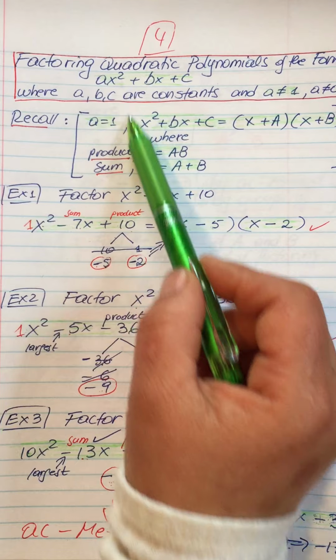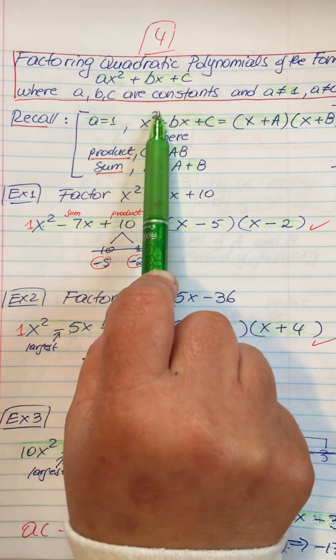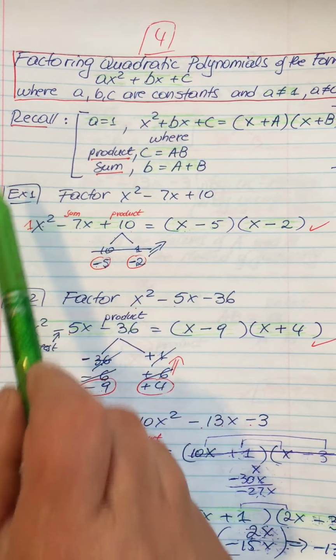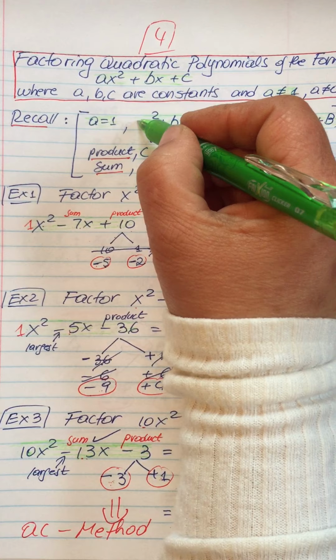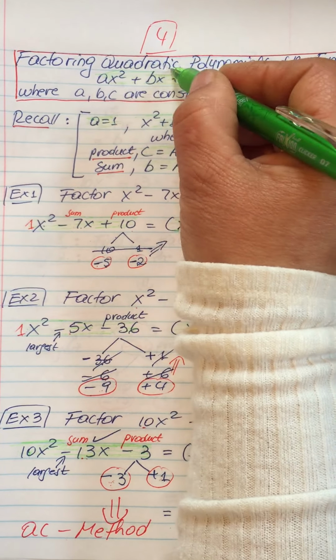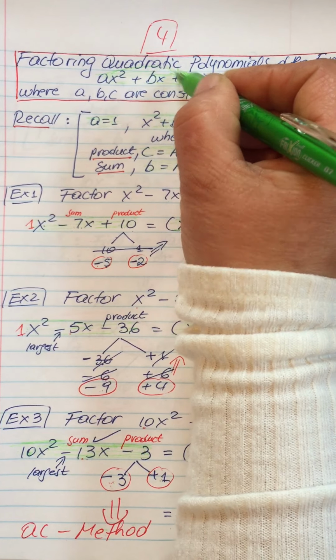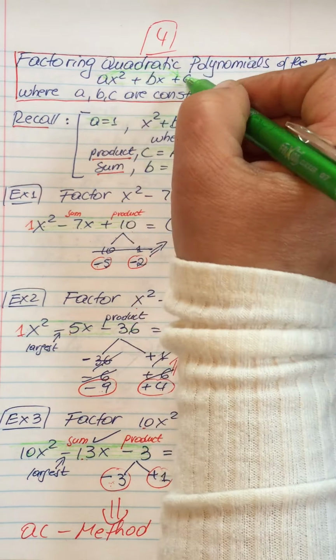It is not a hard job. It is almost the same work as when we factor x squared plus bx plus c. But here the product was c, and in our case the product was a times c. This was the only difference. Here the product is c, here it is a times c.